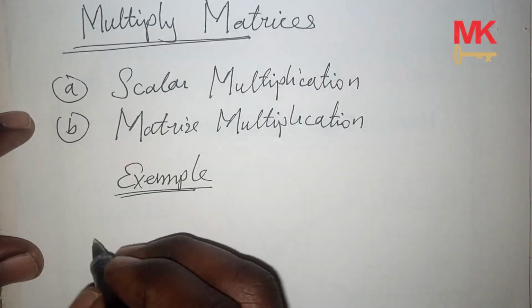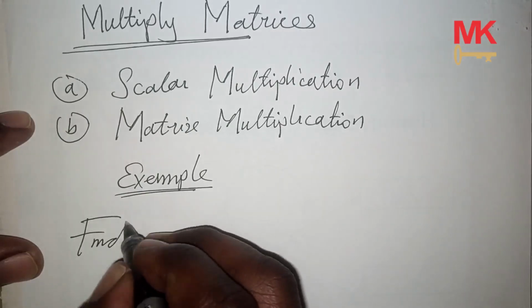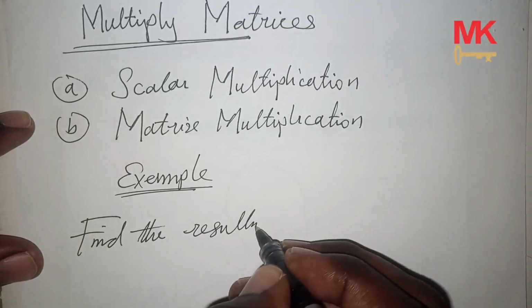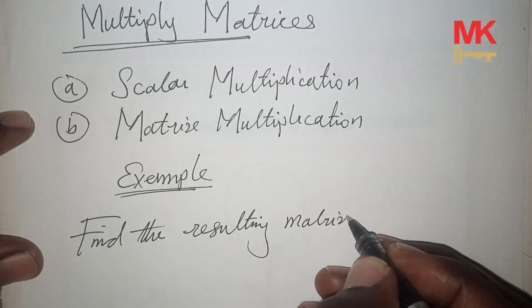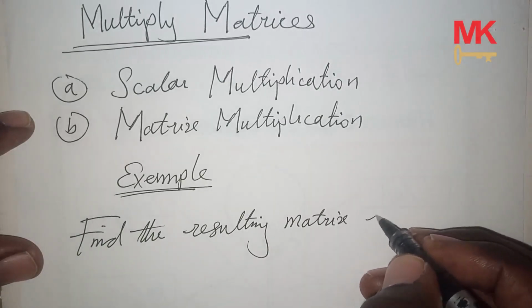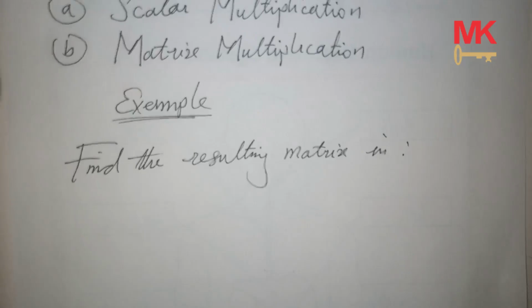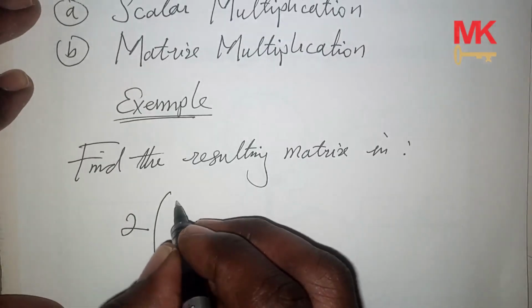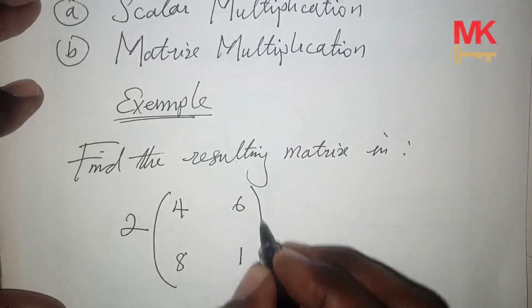Let's say, find the resulting matrix in this: 2, you have 4, you have 6, you have 8, you have 1, for example.